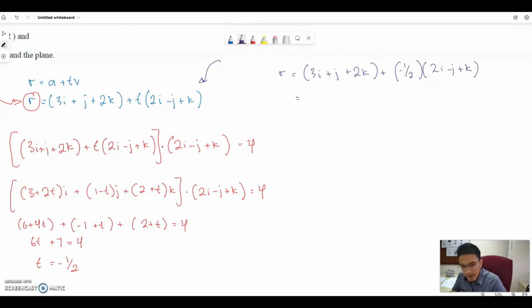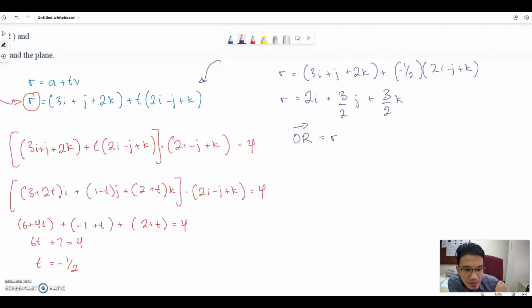Then you will have the vector r is 2i plus 3 over 2 j plus 3 over 2 k. So r is actually a position vector from the origin to the point r.